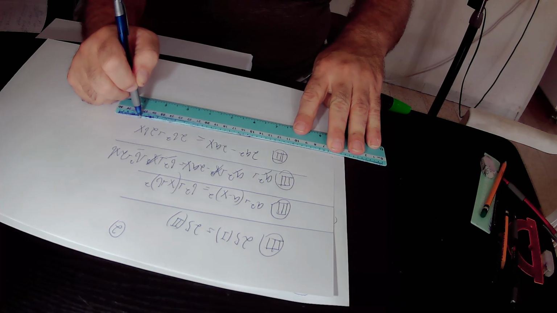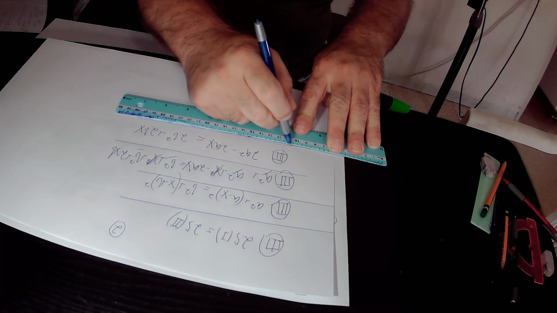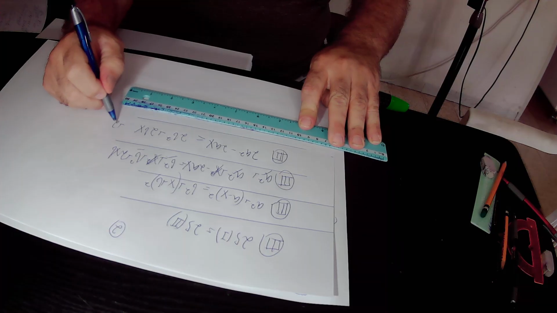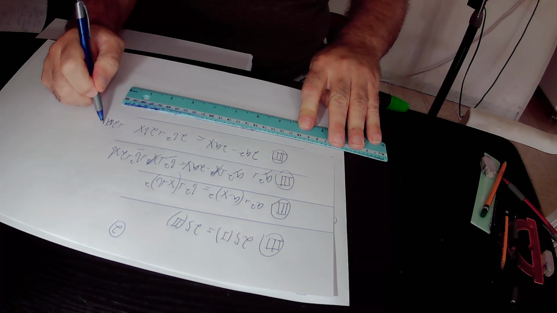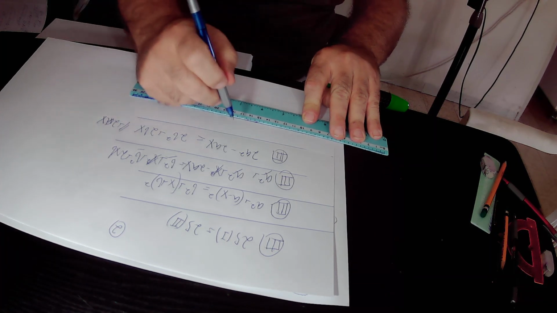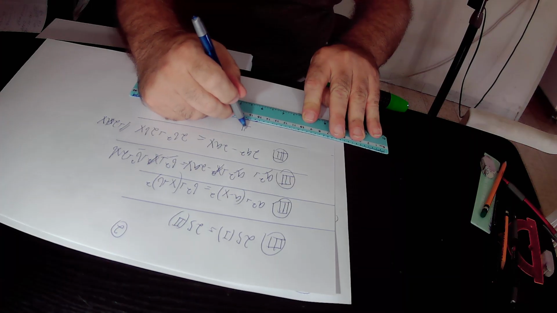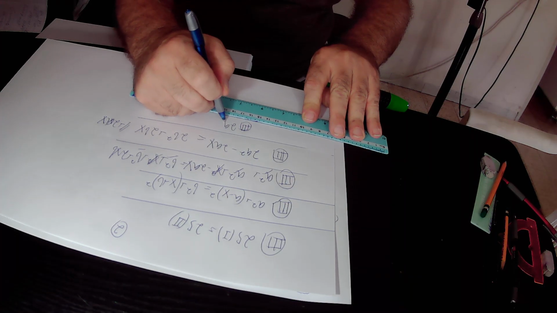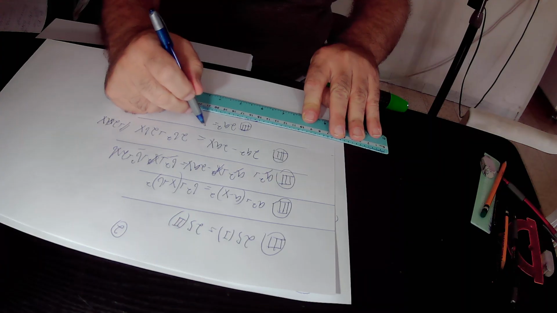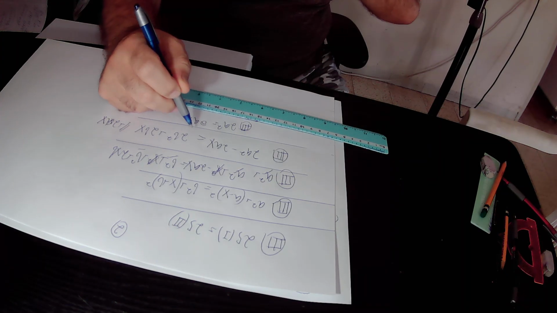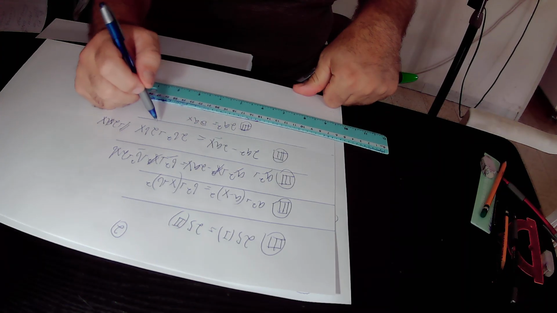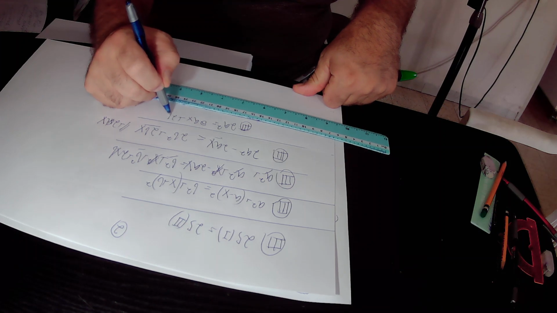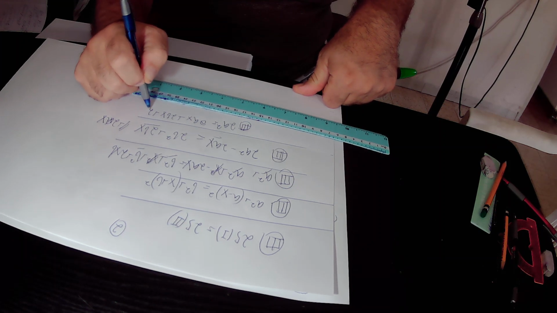So here we will add 2ax to this equation, equation 3, and we get that according to equation 3, 2a squared equals 2ax plus 2bx plus 2b squared.